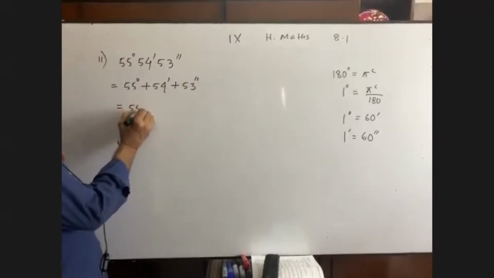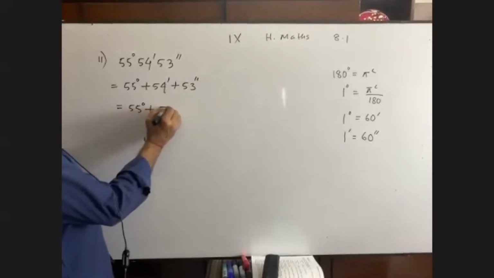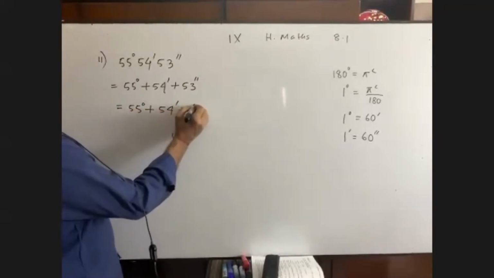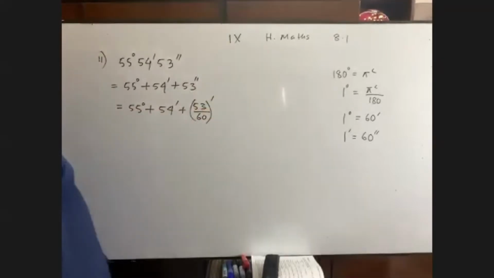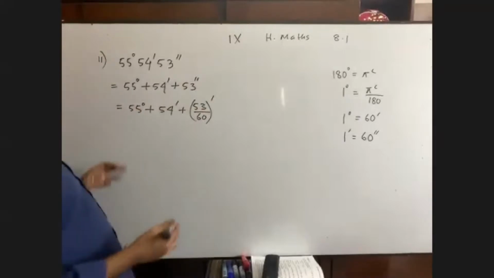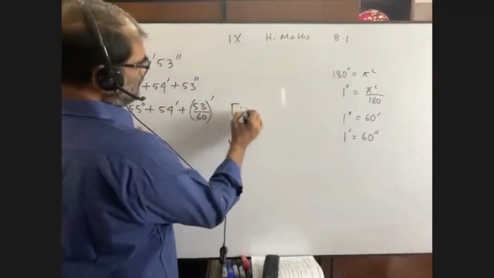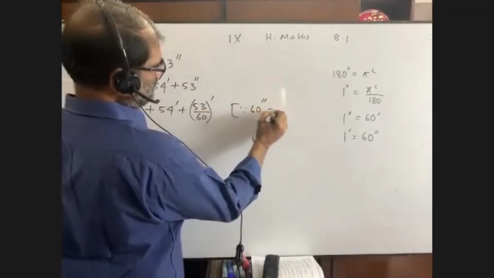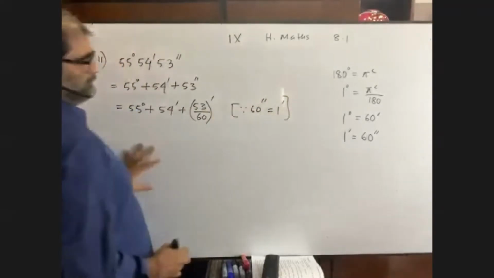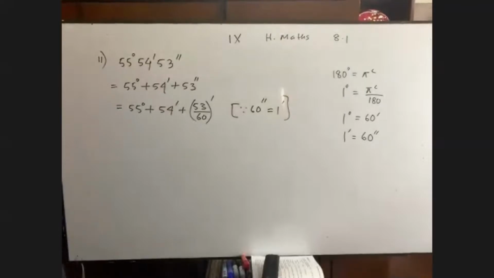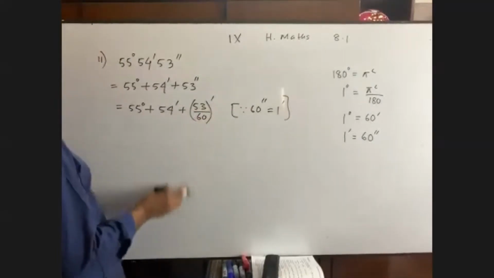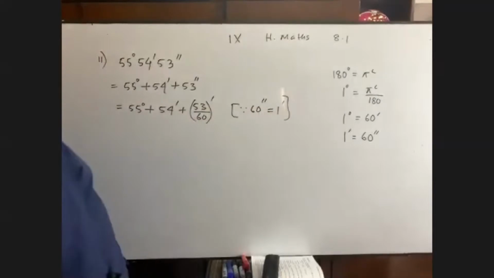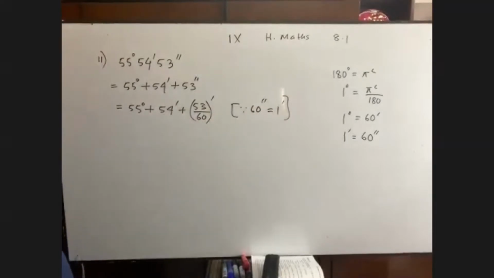Now, 55 degree, 54 minute. What will you do? 53 by 60 minute, because 60 seconds is equal to 1 minute. Have you got me? But if we calculate it, the value you will get is too much, okay?